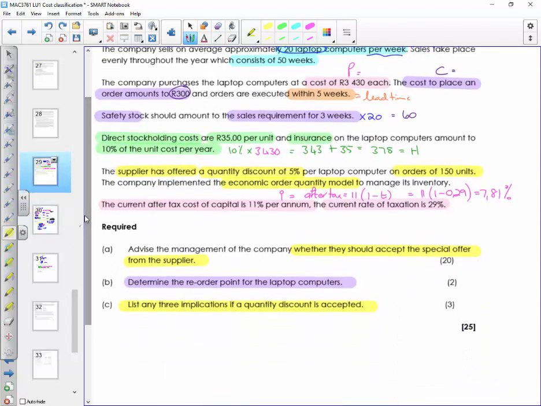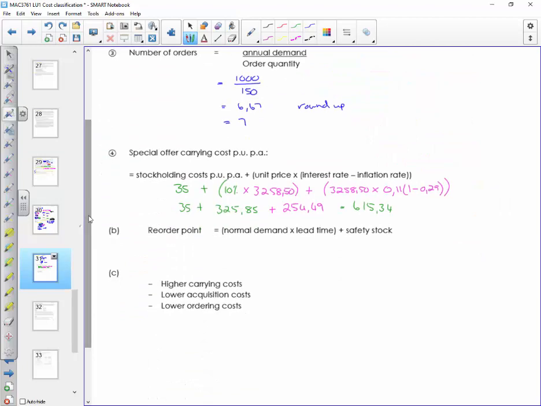So the first question says, advise management, should they take the offer from this supplier? And the answer in short would be yes. The next question says, determine the reorder point. Now the reorder point says, what am I going to use under normal demand?